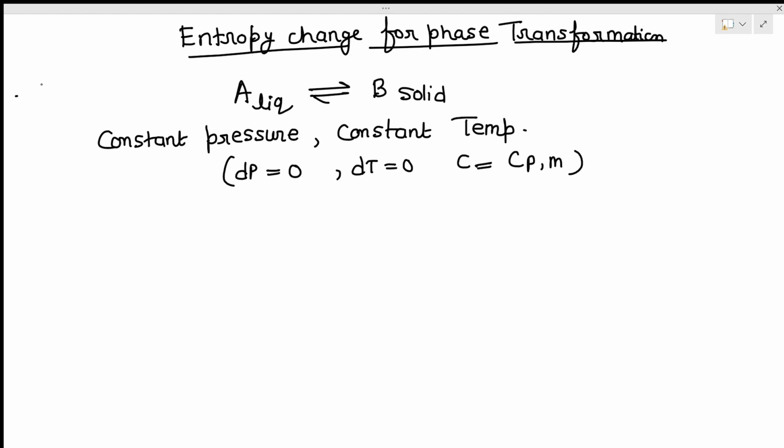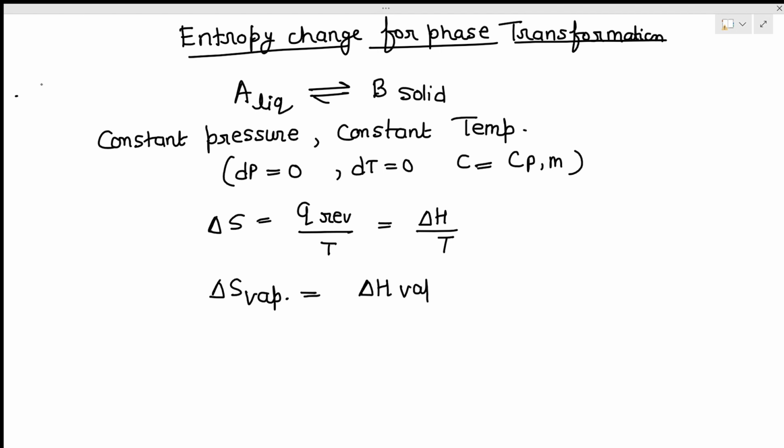So del S will be equal to Q reversible by T, and this will be equal to del H upon T. Suppose we are seeing the entropy change for the vaporization process, then this will be equal to del H of vaporization divided by TB. It means boiling point.